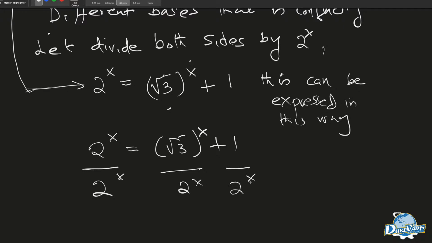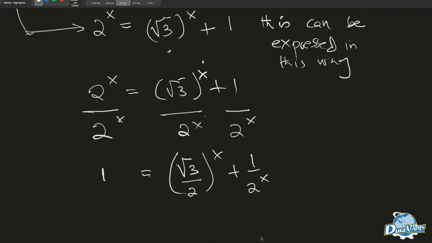If you look at it very carefully, you will see that we can break this equation down totally. Here 2 raised to the power x over 2^x gives us 1, and since we have exponent x on both sides, we can factorize. So this will become (root 3 over 2) raised to x plus (1 over 2) raised to the power x.